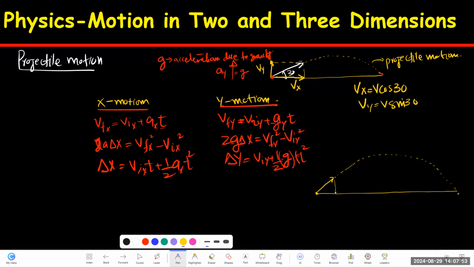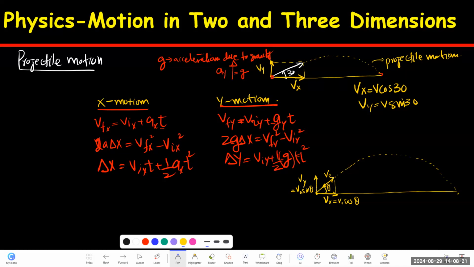I can call this vx, call this vy, and this motion I can call v naught. So vx equals v naught cos theta, where theta is this angle. Vy can be written like this, v naught sin theta.